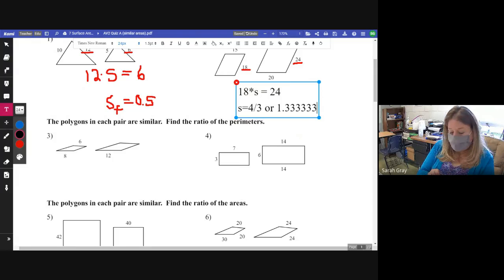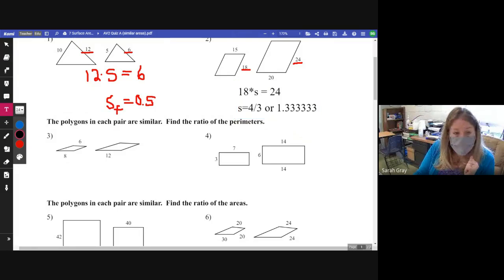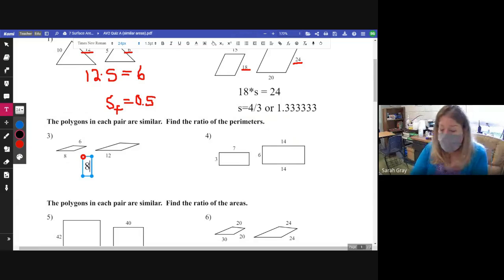Okay, and then we talked about ratios of perimeters, ratio of sides, and ratio of areas. Ratios of sides and ratios of perimeters were the same. And remember, they were related to the scale factor because they're flipped upside down. So the ratio of the sides in this example, number 3, is 8 to 12.